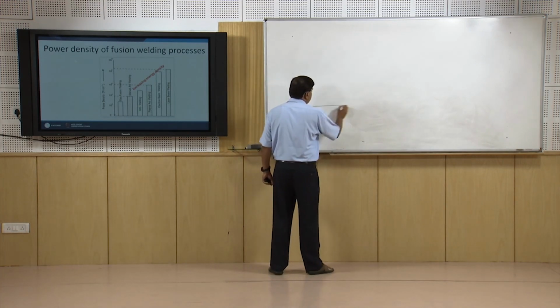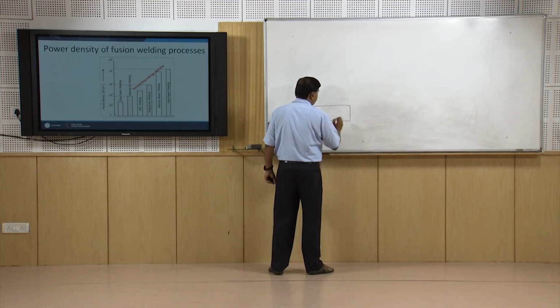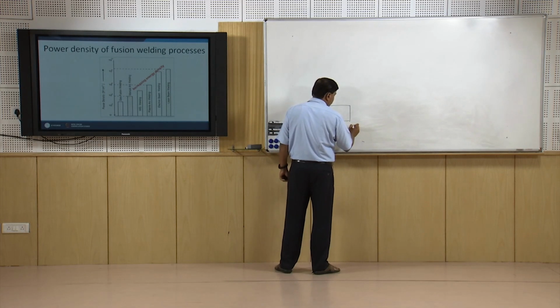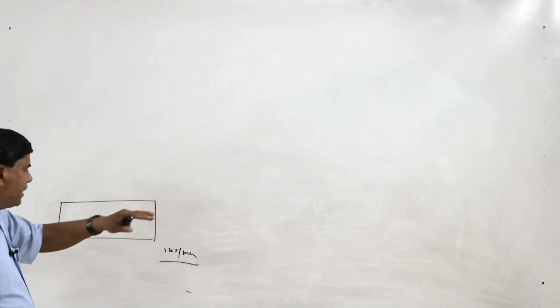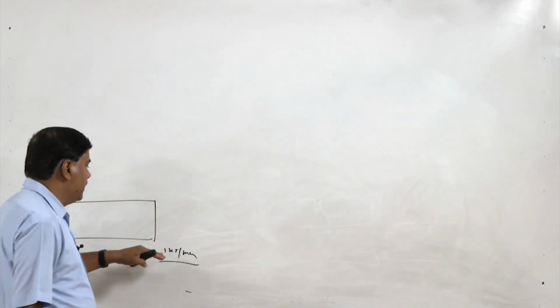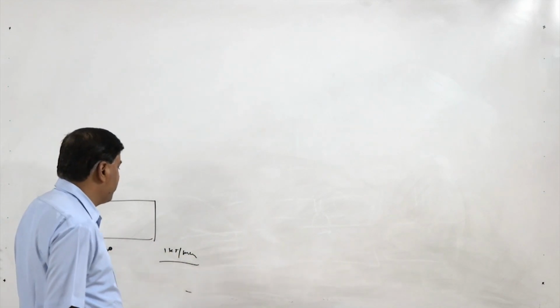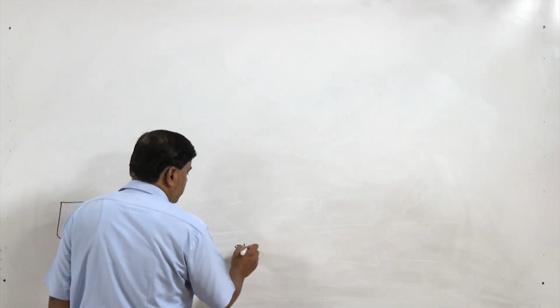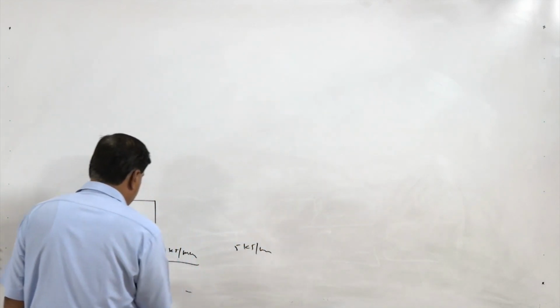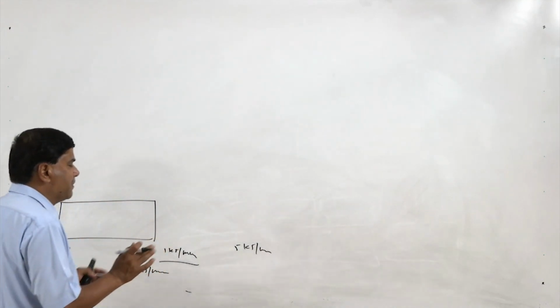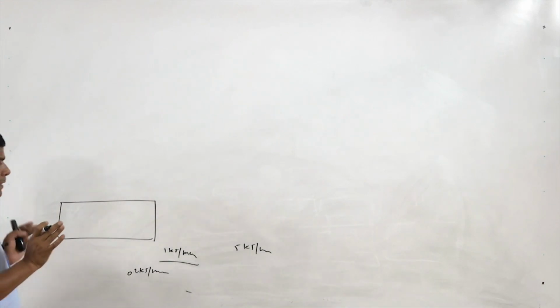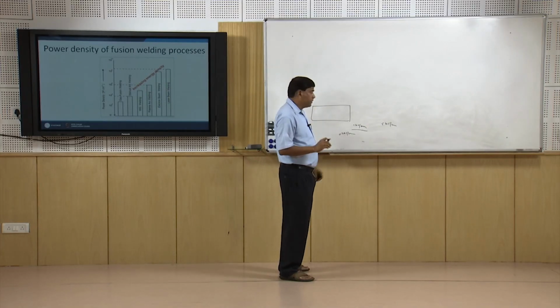So, if we see here, if the amount of heat is, say, 1 kilojoule per mm, because our heat source keeps on moving during the welding, or it is 5 kilojoule per mm, or it is just 0.2 kilojoule per mm, then there will be a lot of difference in the characteristics of the joint which will be produced.